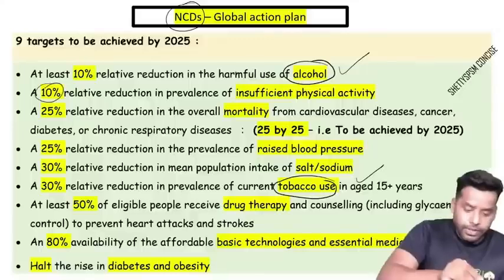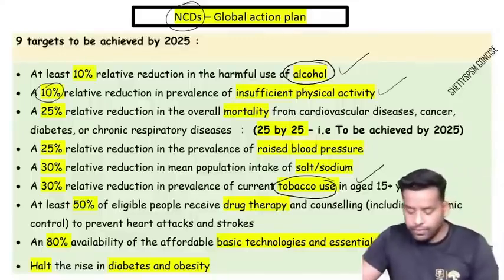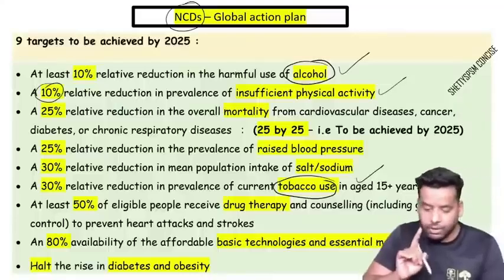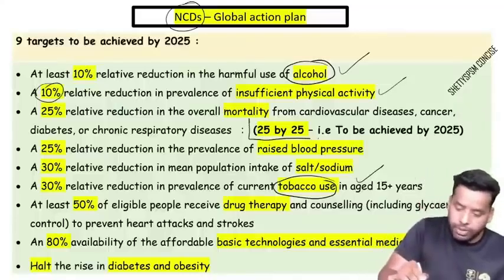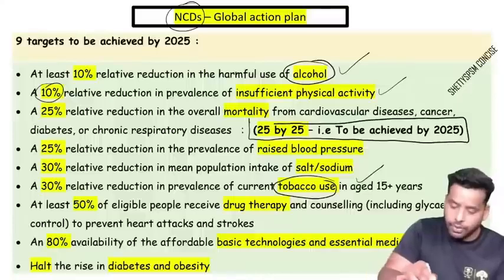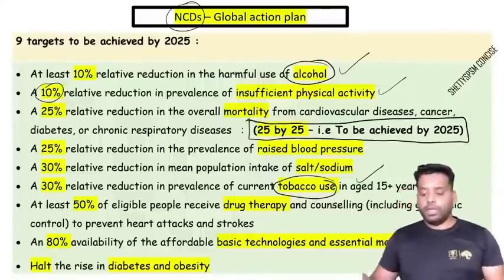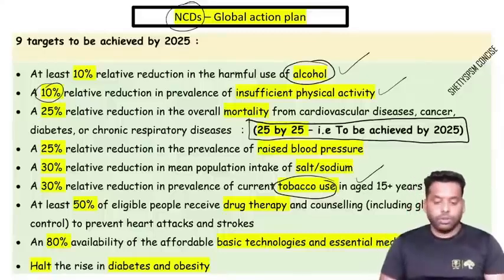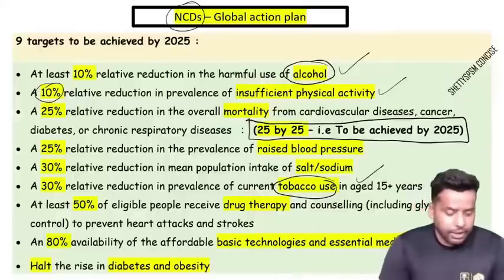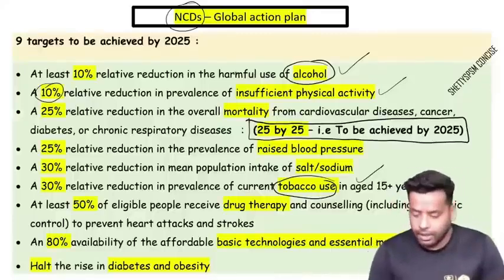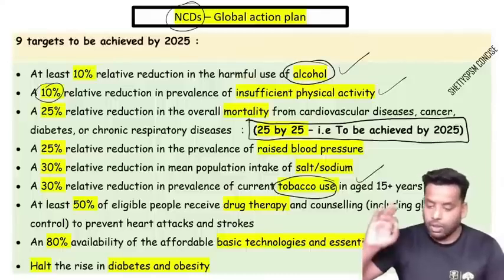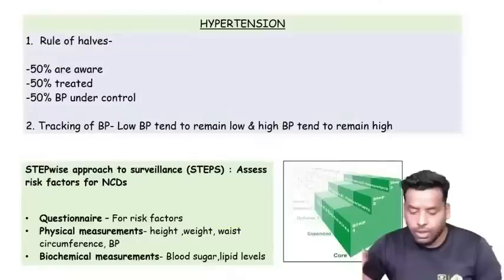10% again for physical activity, we have to reduce. The question they are repeatedly asking on this is, what is 25 by 25? Highlight this. 25% mortality we have to reduce due to all these diseases like cardiovascular disease, cancer, diabetes and chronic respiratory diseases. 25 by 25 is related to non-communicable disease mortality reduction.